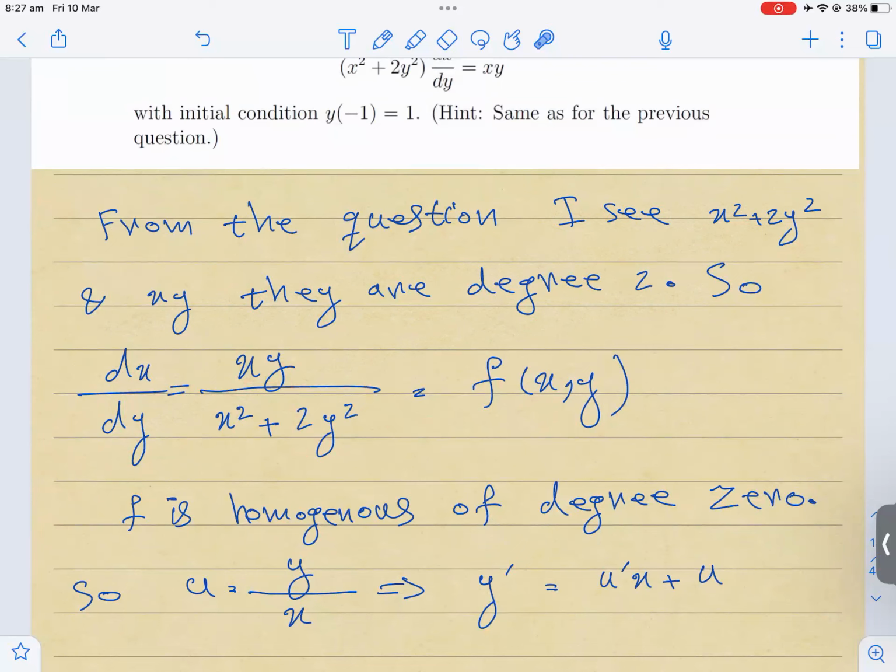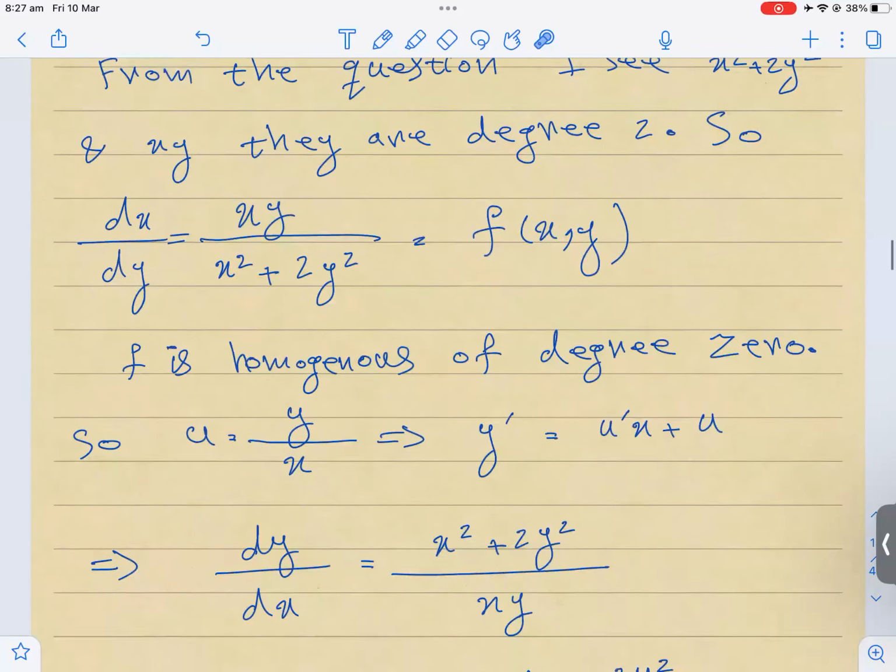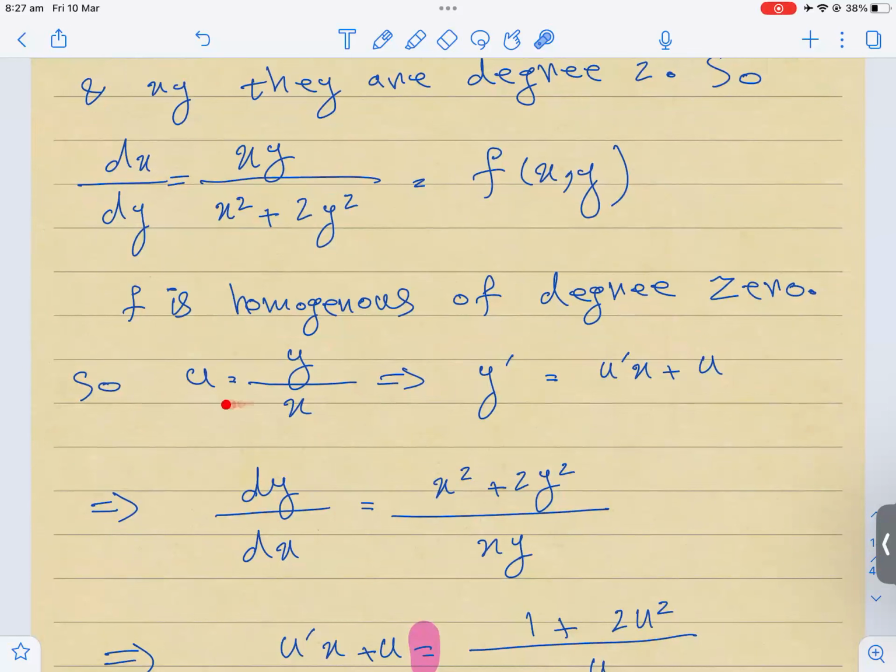If f is homogeneous, the reciprocal of f is also homogeneous. So I will put u equal y over x, or you can put u equal x over y. Doesn't matter. So, y prime equal u prime x plus u.